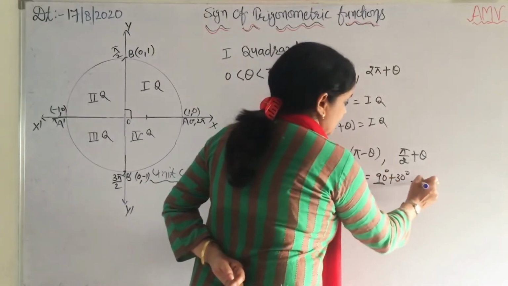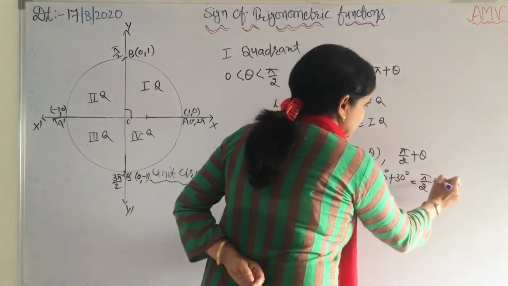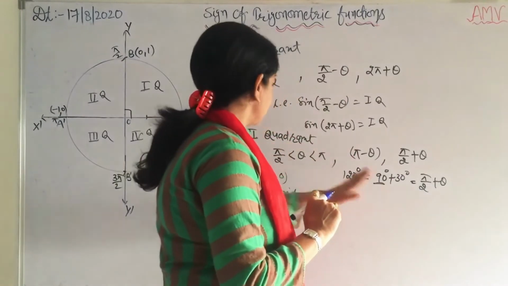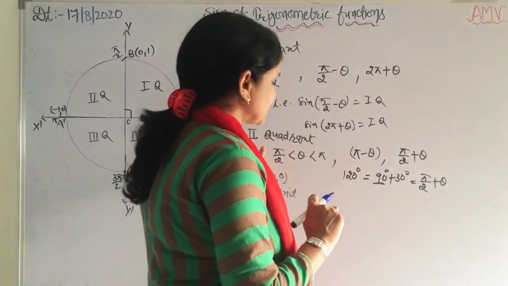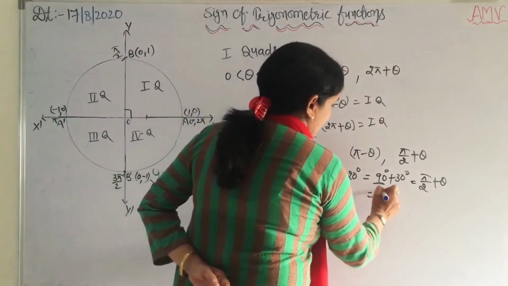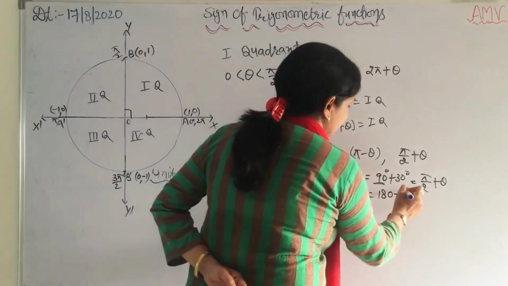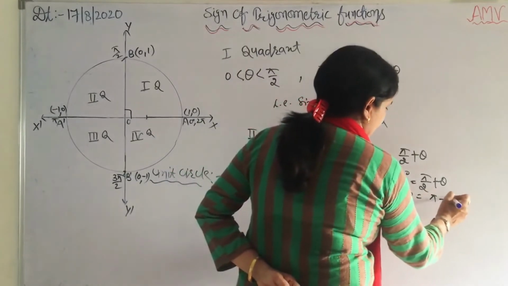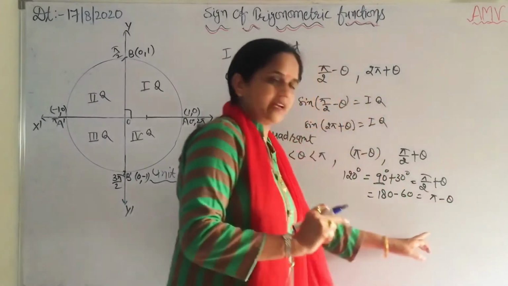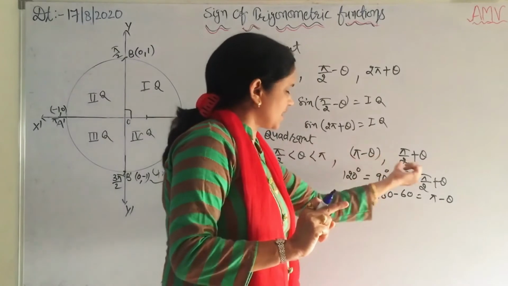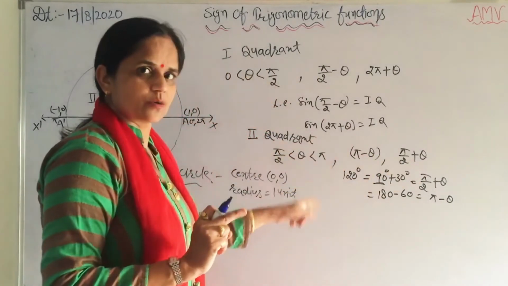So it is pi by 2 plus theta, where theta is 30 degrees, so this lies in the second quadrant. And same here, 120 you can also write as 180 minus 60. So in radians it is pi minus theta, and here theta is 60 degrees. So both of these are in the second quadrant.